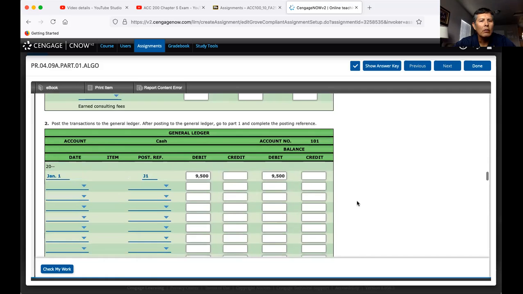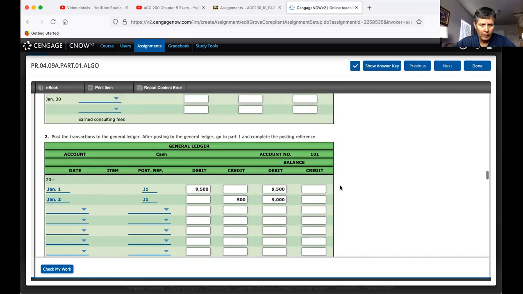Where's my cash account? Oh, this is cash. January 2, J1. This is going to be 500. Okay. So if we go 9,500 minus 500, we get 9,000. So our balance would be 9,000. Okay, so I think we recorded those correctly.